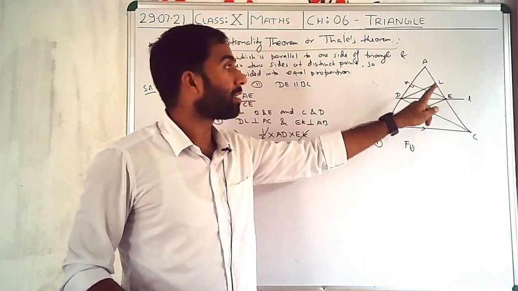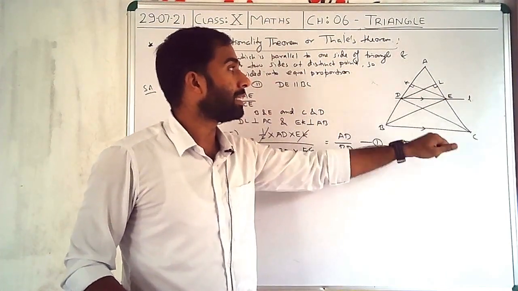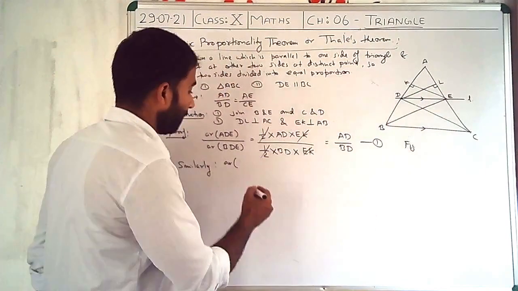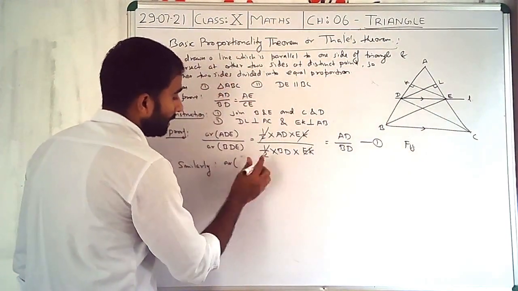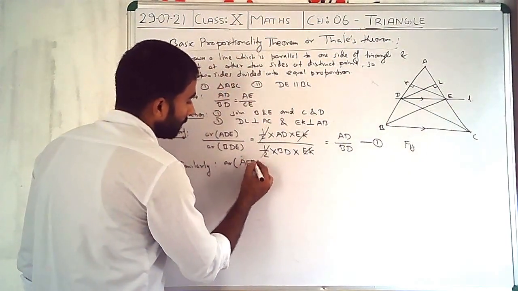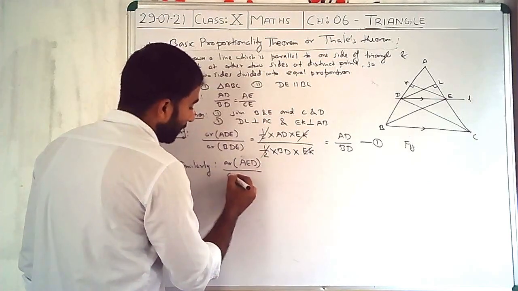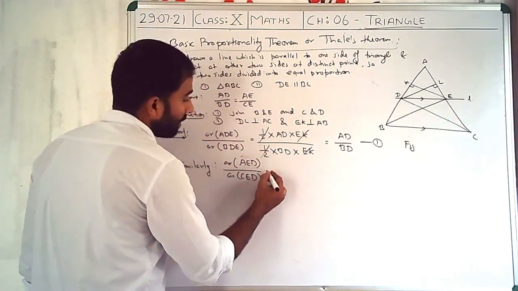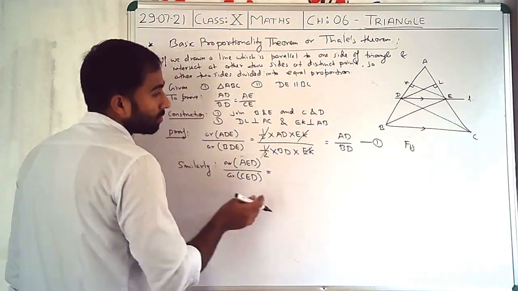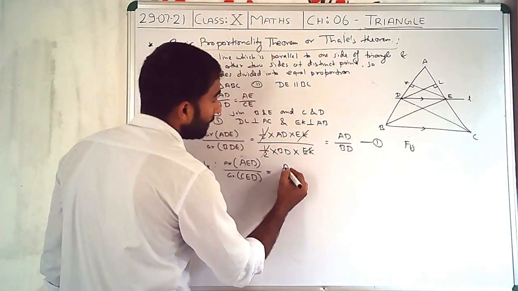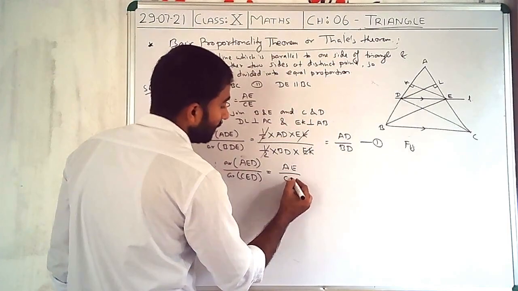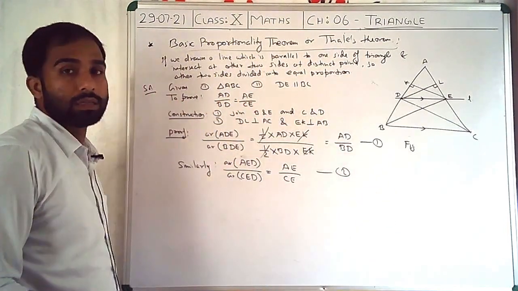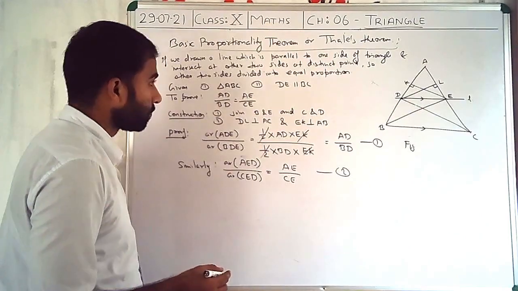The related triangles of AE and CE are triangle AED and triangle CED. Area of triangle AED by area of triangle CED. So definitely here we have written similarly, so therefore we can write directly AE by CE, say equation 2. Now we get two equations.